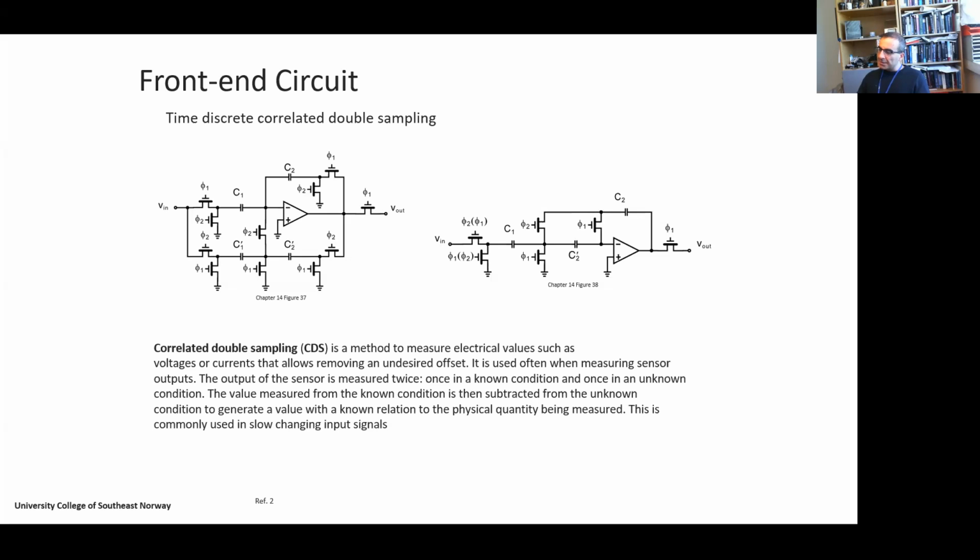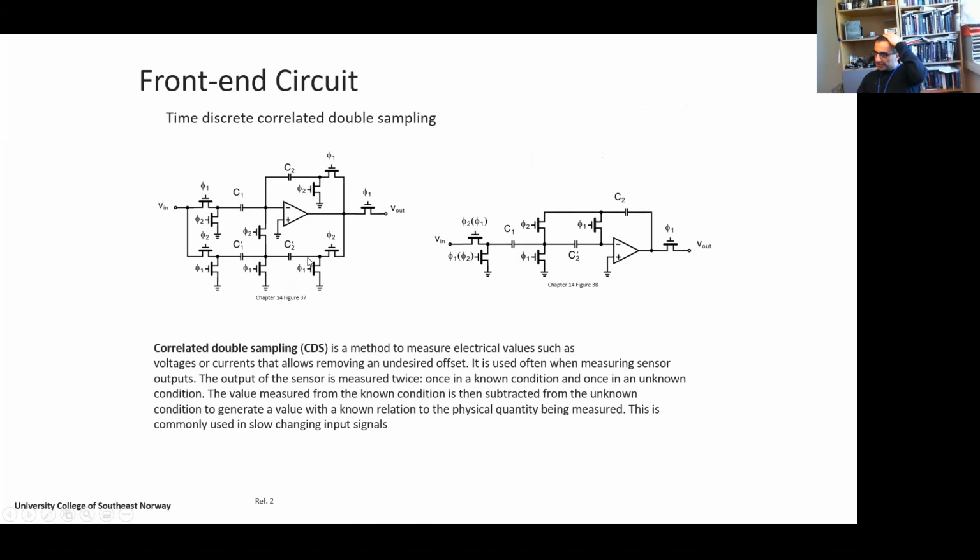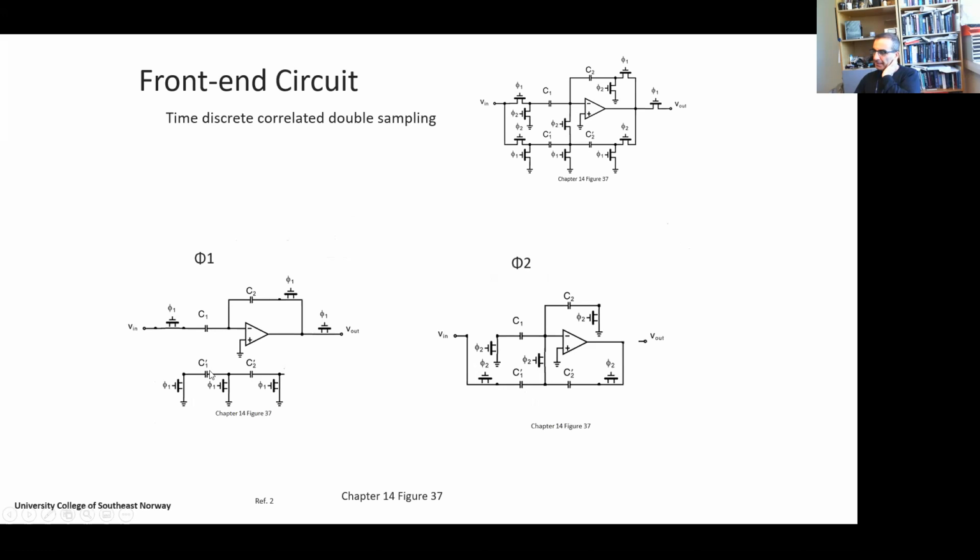Here I have this circuit, figure 14, to the left, for phi1 and phi2. I'll try to explain it really shortly. At phi1, if you look at the switches which are on, the input signal goes through the system, and the system works as basically an amplifier with a capacitive feedback.